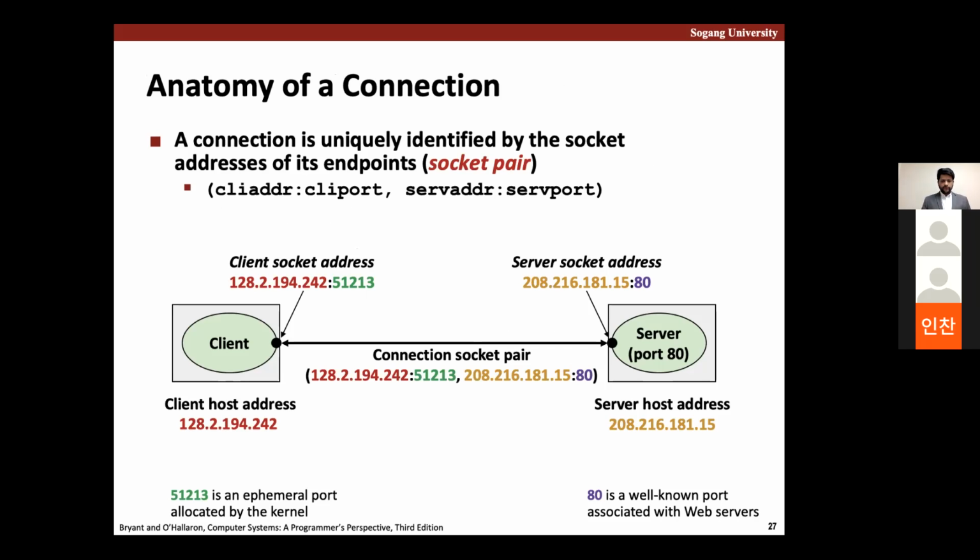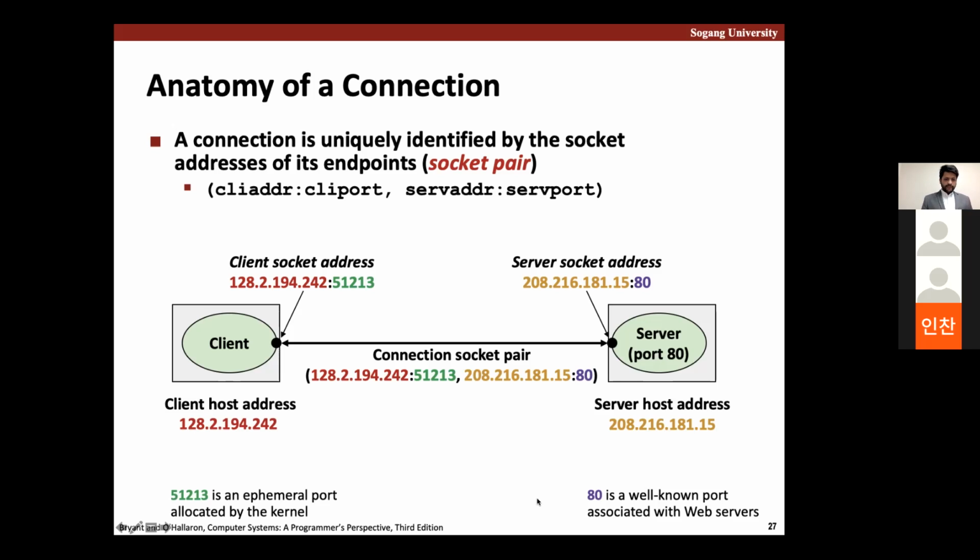This pair of socket addresses is known as a socket pair and is denoted by a tuple, as shown in the slide: client address:client port, and server address:server port. So for a client and server to communicate, they need a connection socket pair, which must have the IP addresses and the ports for both sides, the server and the client.